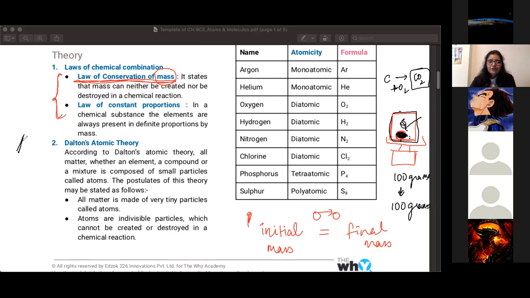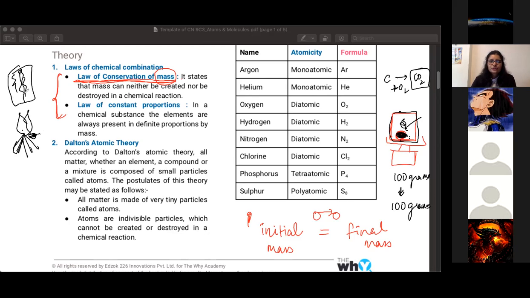So when you have a bonfire, the total mass of the wood that is burnt will be equal to the mass of whatever smoke is produced, plus the mass of whatever ashes remain. Okay?